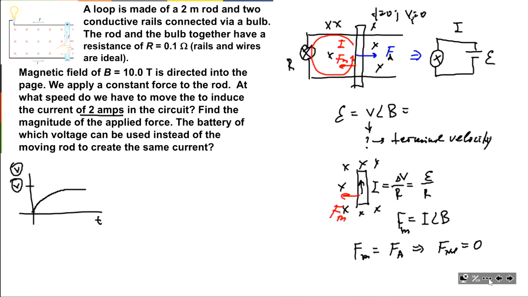Well, okay, so now, when it happens, what can we calculate? Well, we know the resistance and we know electric current when terminal velocity is reached. So we can calculate that EMF, which after that remains constant.